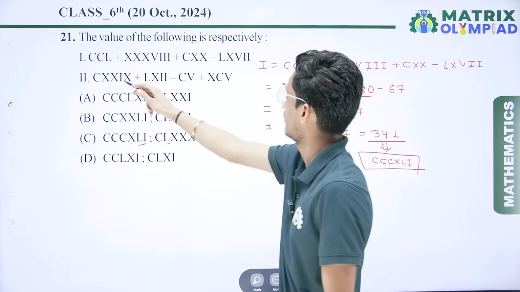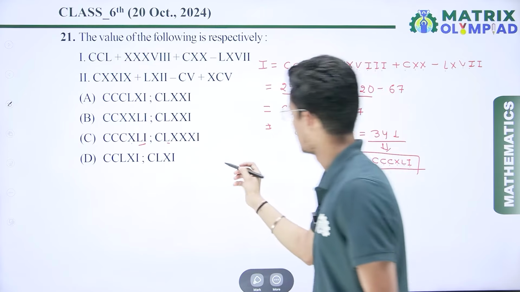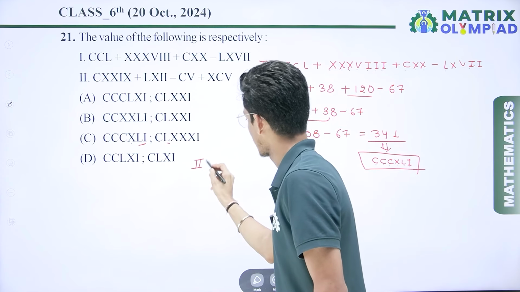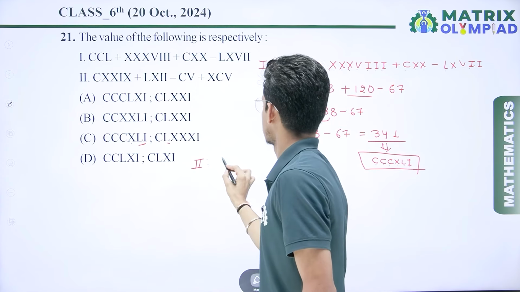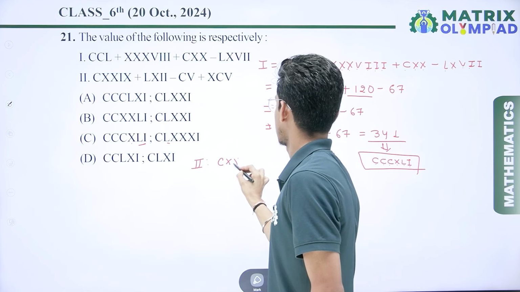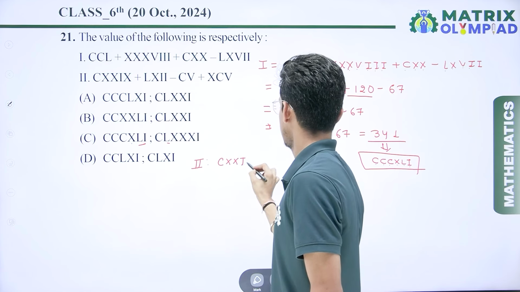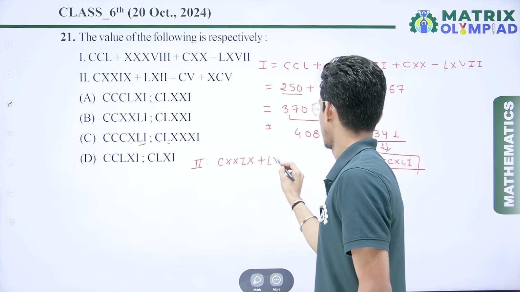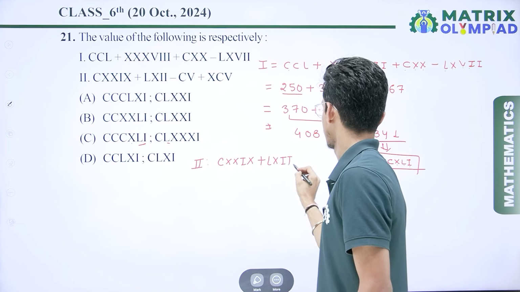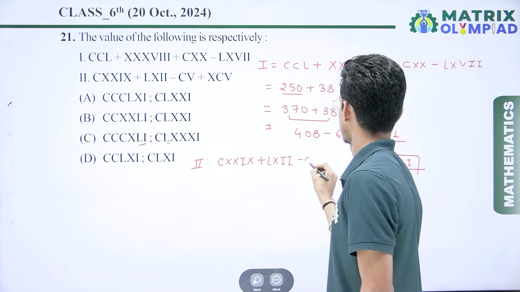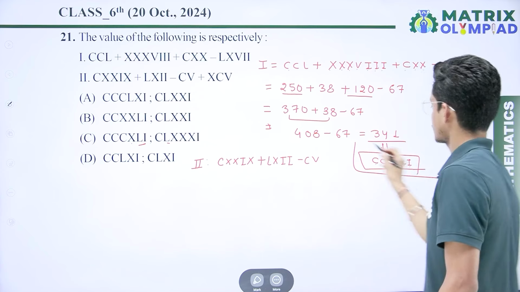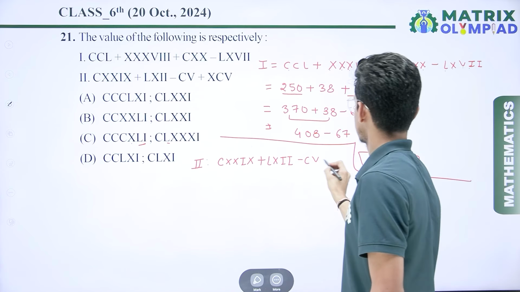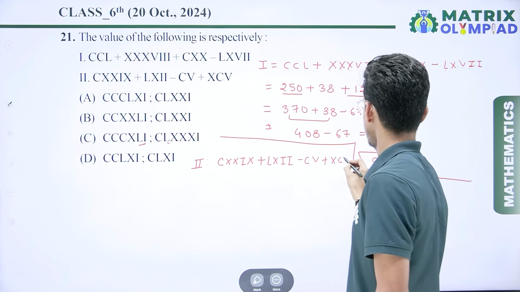So if we talk about the second one, that is CXXIX plus LXII minus CV plus XCV.